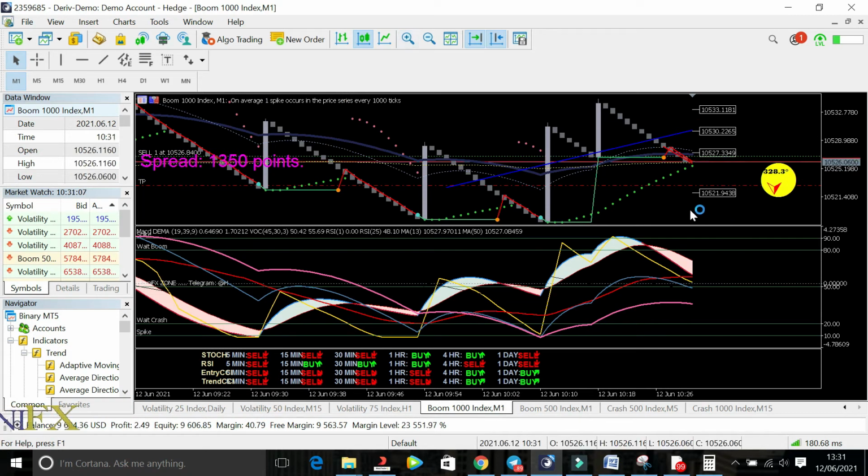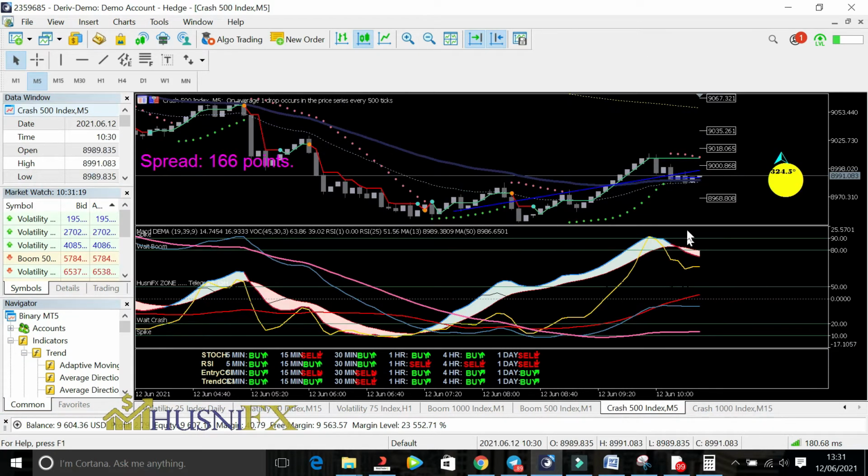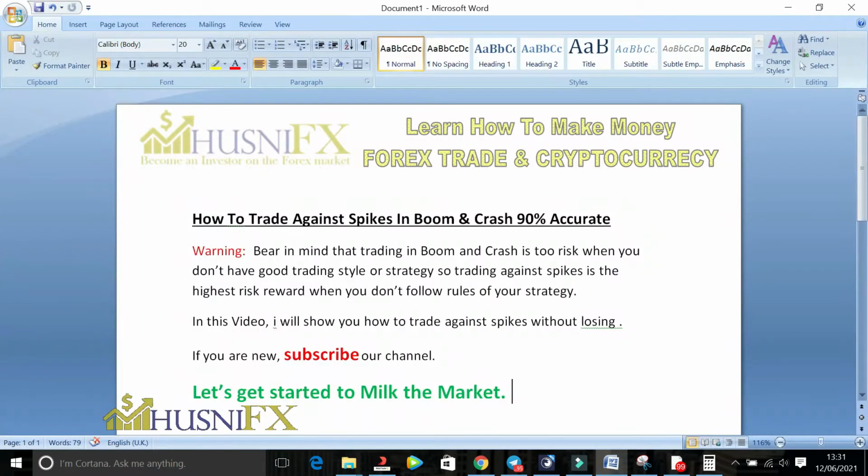The ratio may be like 4 or maybe $5, but it's really effective because you are collecting multiple times during the day. This time we are buying crash and we are selling boom. Against this spike means you are buying crash and you are selling boom.